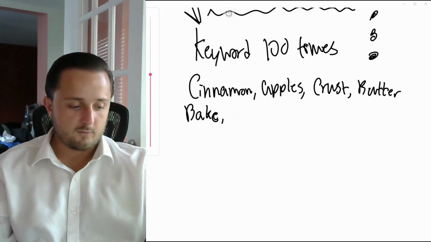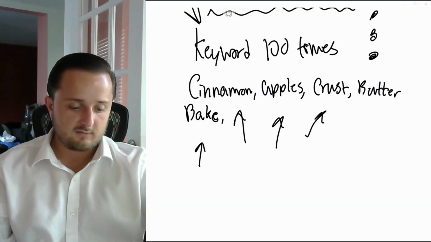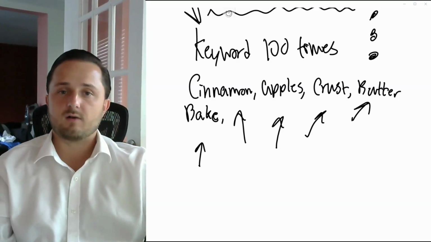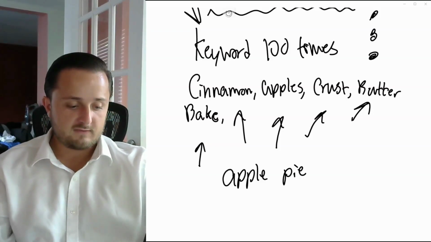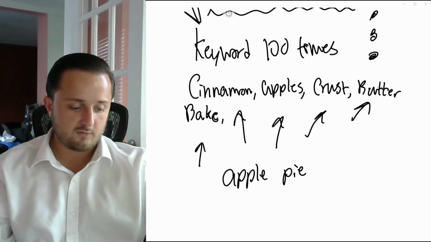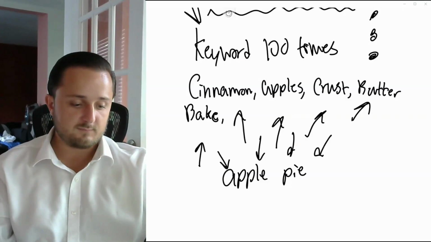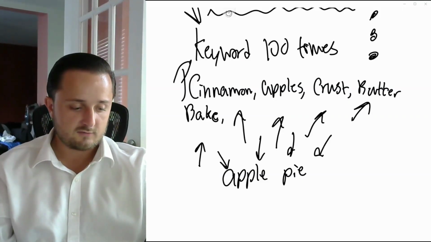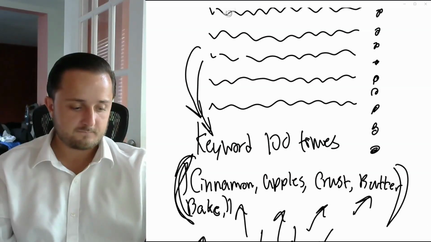Without me actually saying what this is, there's something that comes to your mind, right? It's an apple pie. So these common words that occur with apple pie is what Google would expect to be on the page, so it can get an understanding of what this page is about, right?